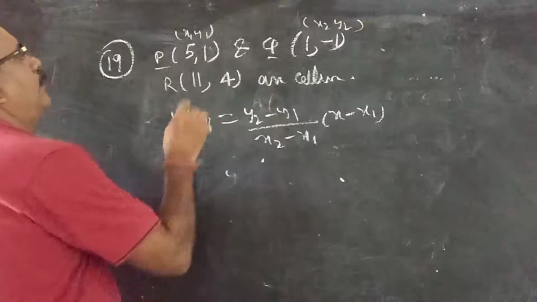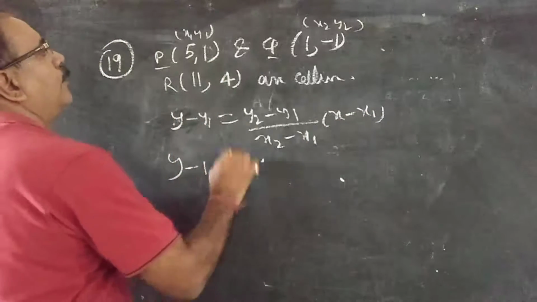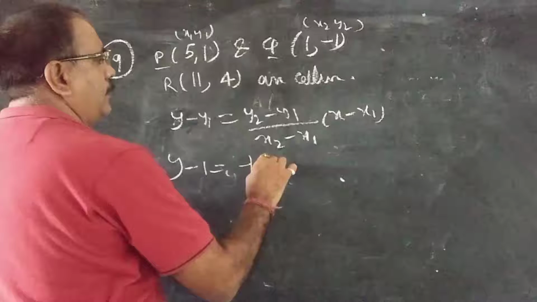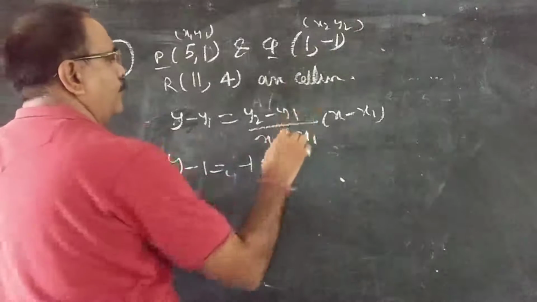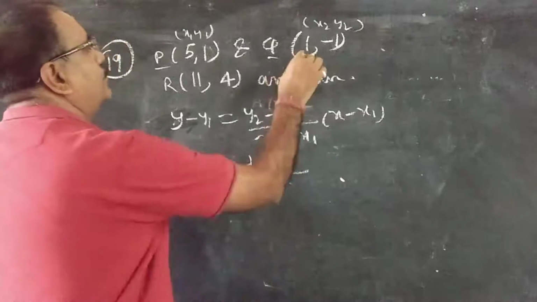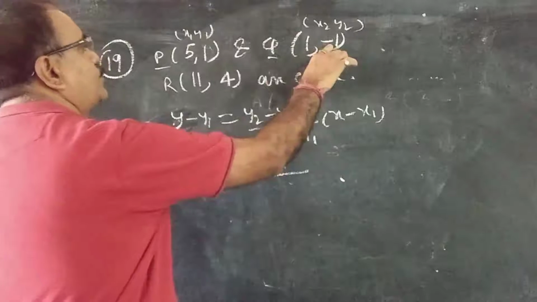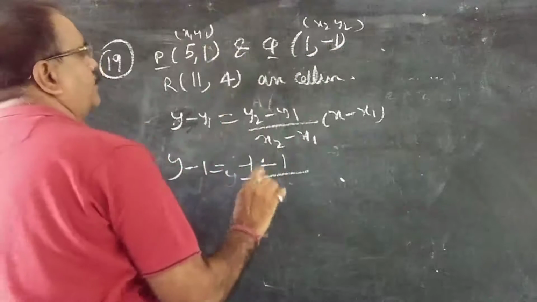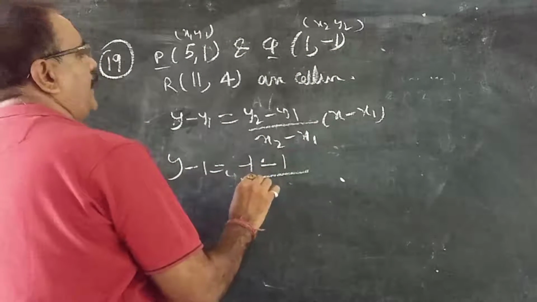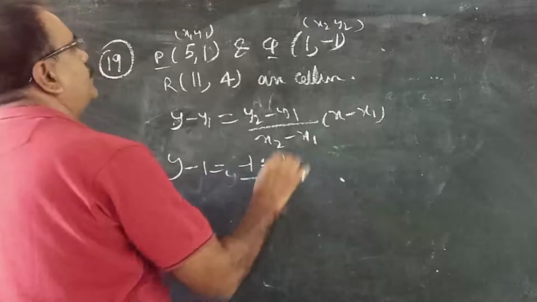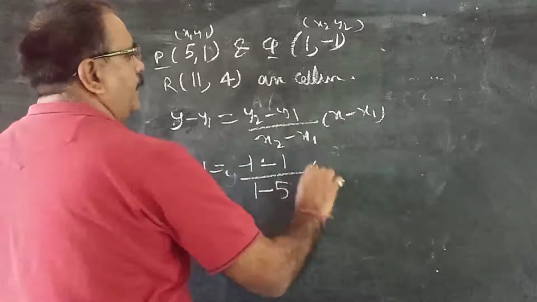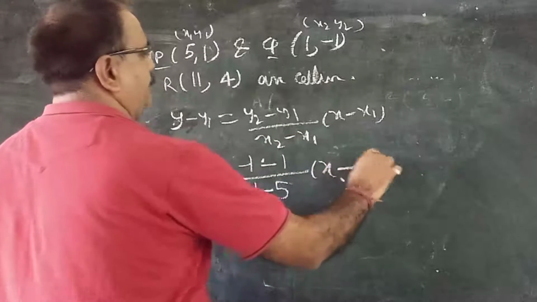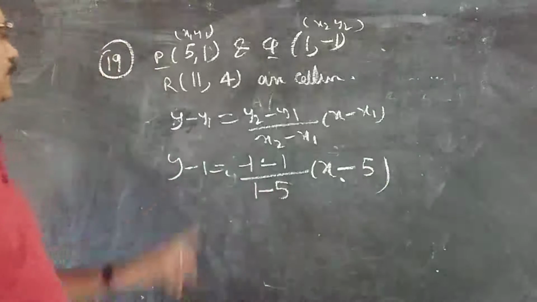So y1 is 1, y2 is minus 1, x2 is 1, x1 is 5.